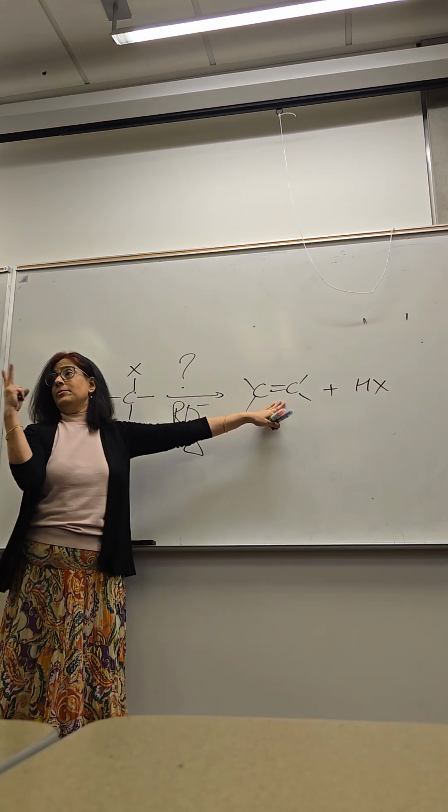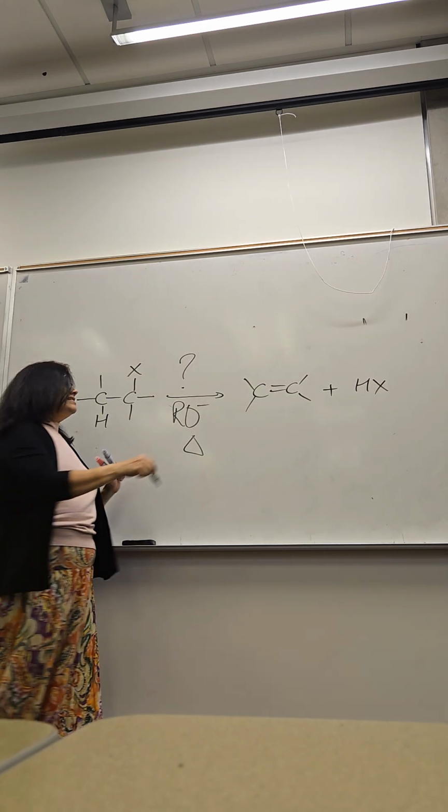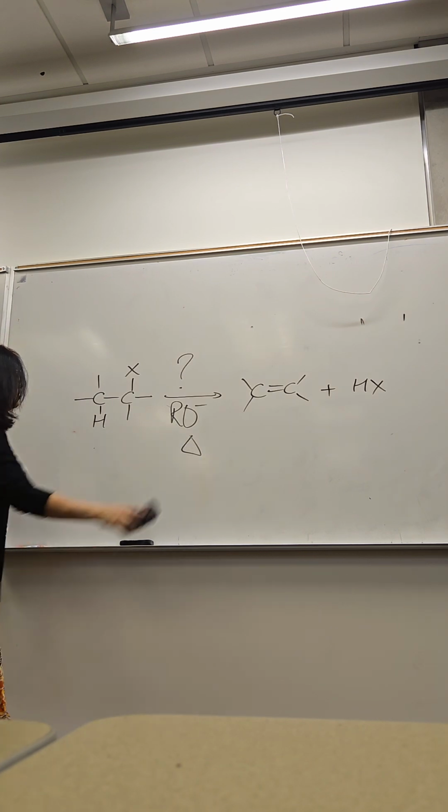We want 2 pi bonds, not just one. That means this base is too weak for us. We can't use that base and get 2 pi bonds, which is what we need for an alkyne. So we have to use a much stronger base than an alkoxide ion.